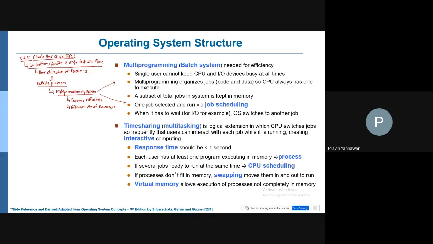Now, if we are able to execute multiple programs, for example, say I want to work on Microsoft Word and Excel. Microsoft Word is one process, Excel is another. So this is program one, this is program two. Both programs are different in nature, and their code and data are also different.